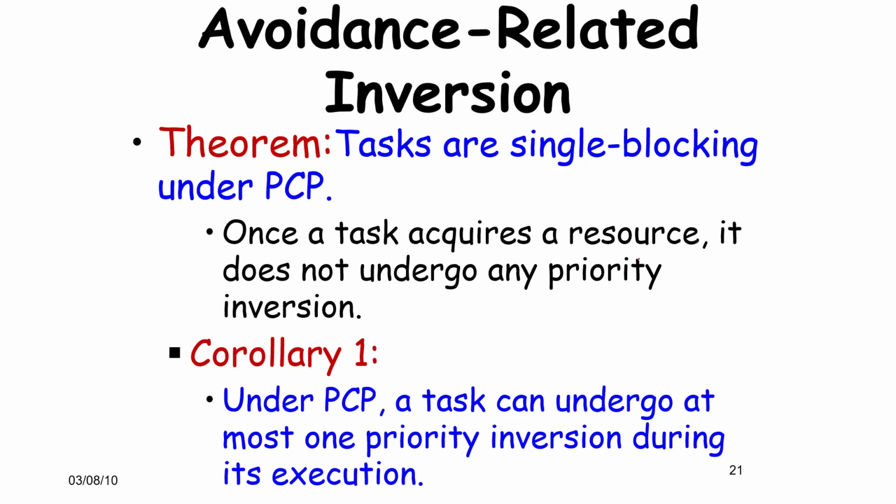So now let's look at a key theorem. The theorem is that tasks are single blocking under PCP, which means that once a task acquires a resource, right? So when does it acquire a resource? It acquires a resource when either its priority is greater than the current system ceiling, or when it was the one to have set the system ceiling in the first place.